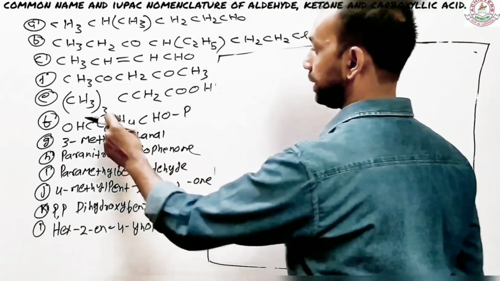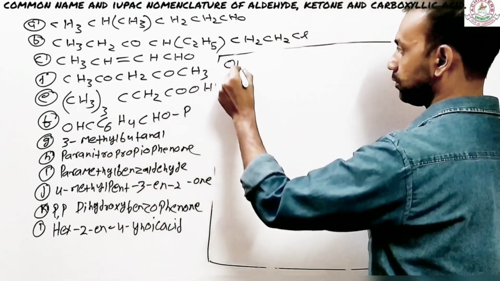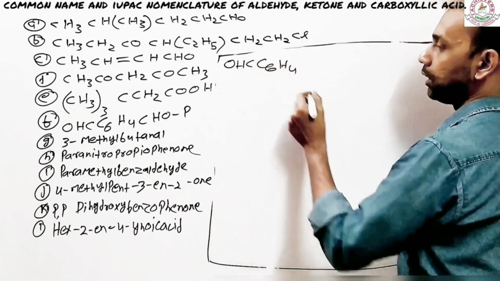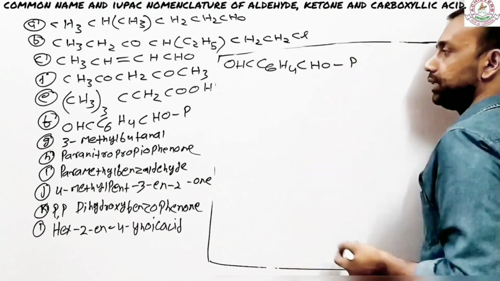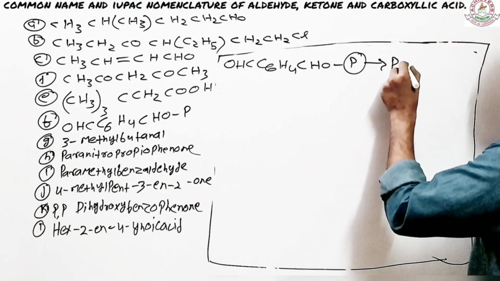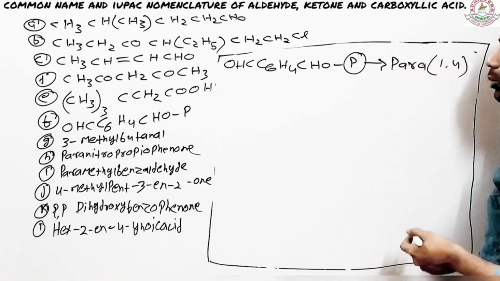This one is a first benzene. So you need to understand, let me write this first. So you have OHC, then you got C6H4, then you got CHO, and you have a p being written here. So what this p represents is para, and para represents the 1 and 4th position of the benzene.